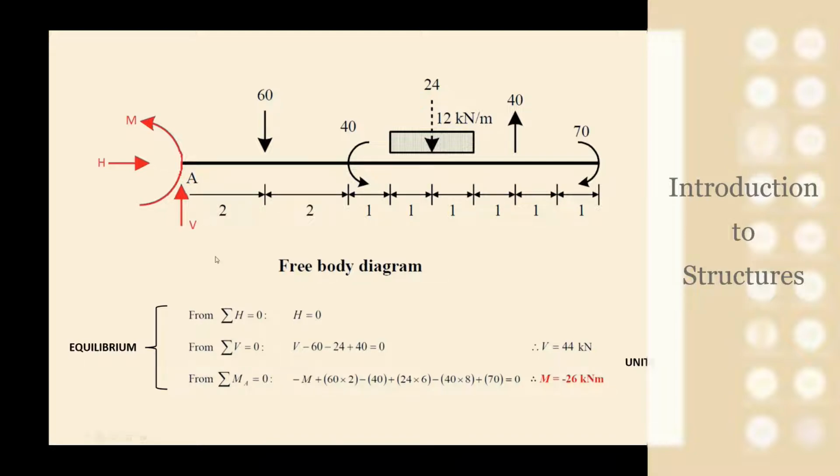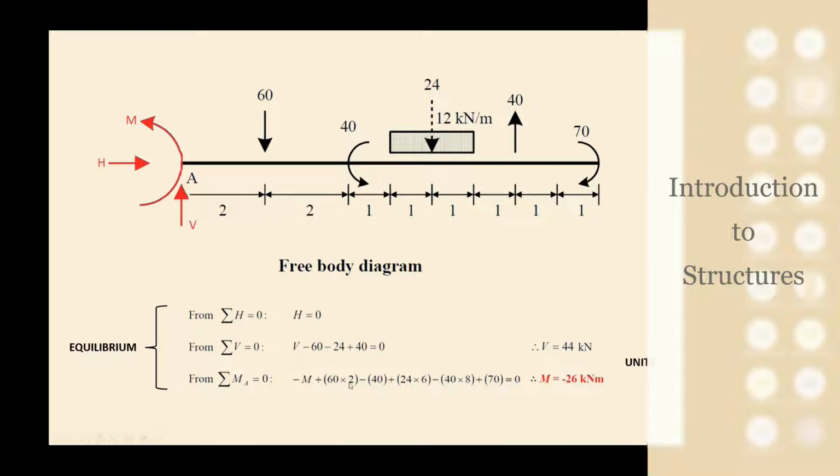The first moment we see when we are located at point A is the moment as a reaction M, and we have decided that this moment is negative because we need to decide on one direction. So it's minus M for this reason. The next moment we see, going from left to right on the structure, is 60 kilonewtons multiplied by 2 meters, the perpendicular distance to the 60 kilonewtons.